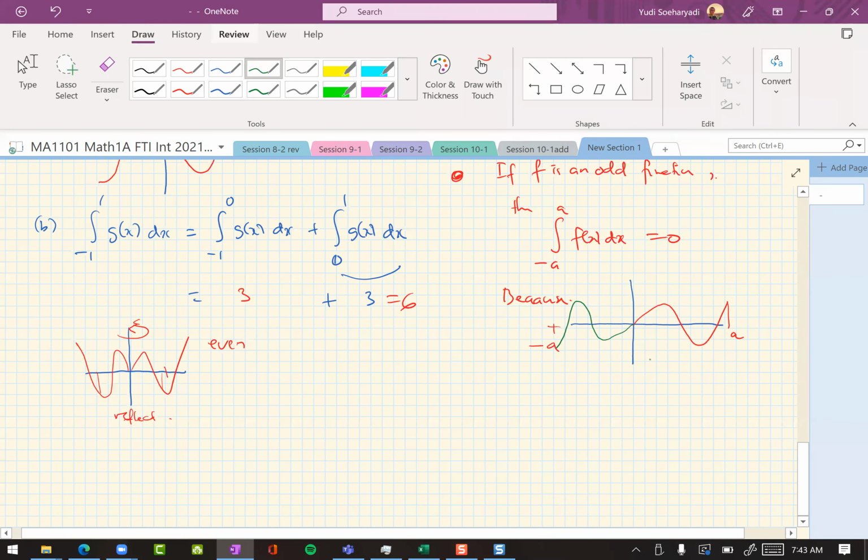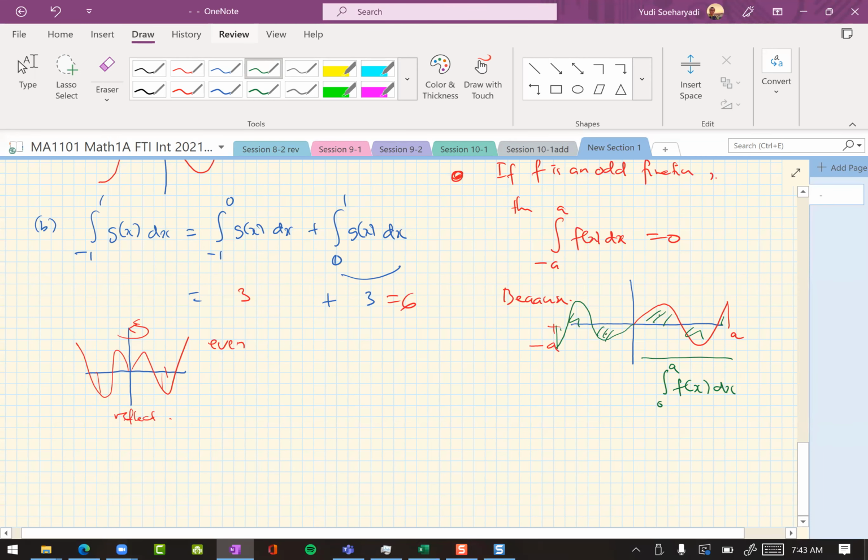Okay. So this integral and this integral, the area is the same as this. This area is the same as this. This is the same as this one. The only thing is that they differ by sign.